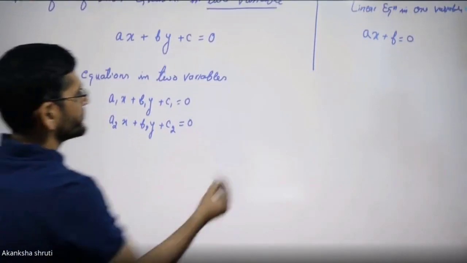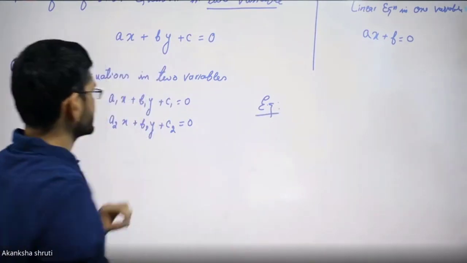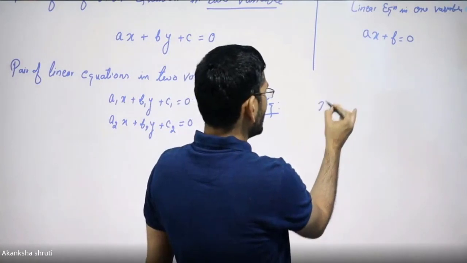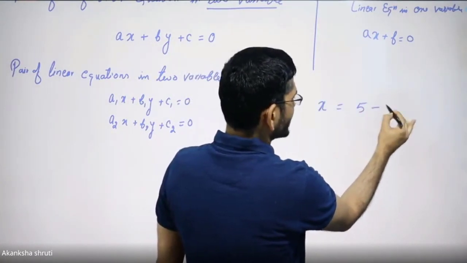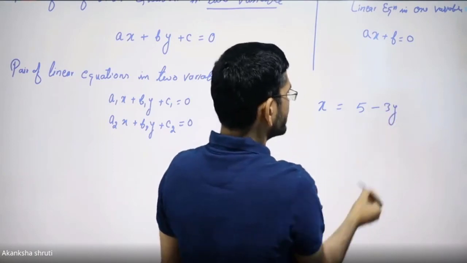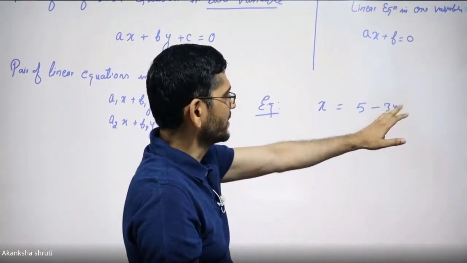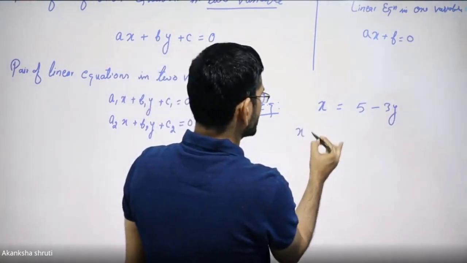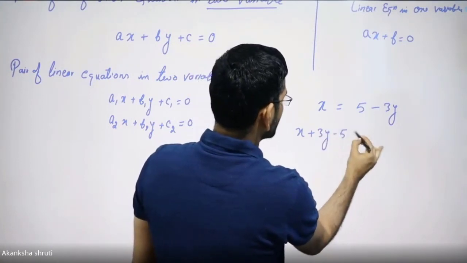Example, let us understand with an example also whether they are satisfying or not. Even if we are taking, say, x is equal to 5 minus 3y, student, we can bring all these constants and variables from the right hand side to the left hand side. It will turn into x plus 3y minus 5 is equal to 0.